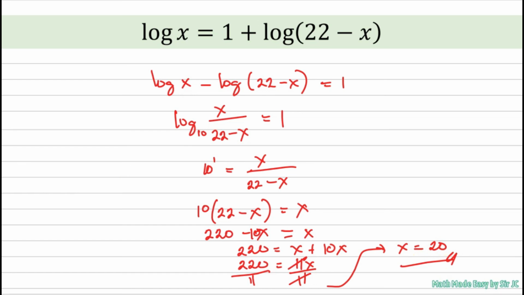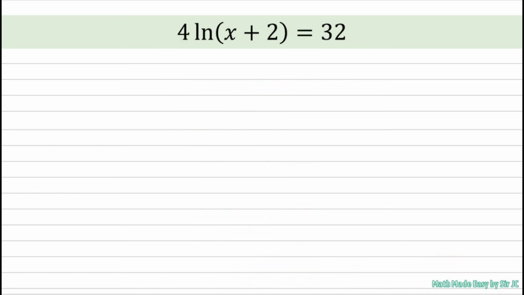Okay, last example. How about for natural logarithms, or ln: 4 natural logarithm of x plus 2 equals 32. If we have natural logarithm, the base is e. So how are we going to solve for this? We have 4 ln of x plus 2 is equal to 32. So we divide both sides by 4.